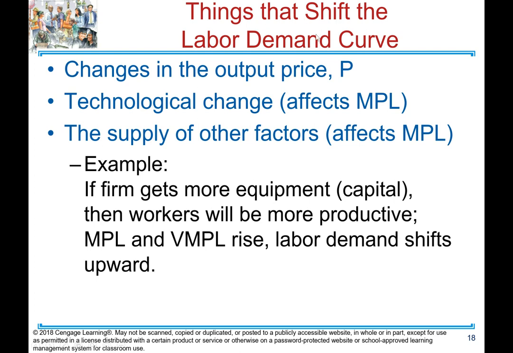Things that shift the labor demand curve: changes in output price, technological change that affects the marginal product of labor, the supply of other factors that affect the marginal product of labor. For example, if the farm gets more equipment, that is capital, then workers will be more productive. The marginal product of labor and the value of the marginal product will rise. Labor demand shifts upward.